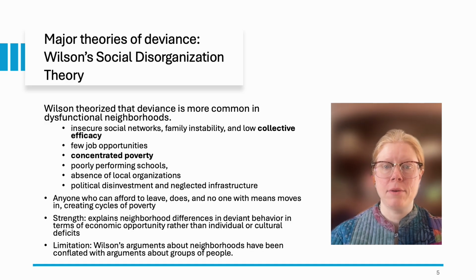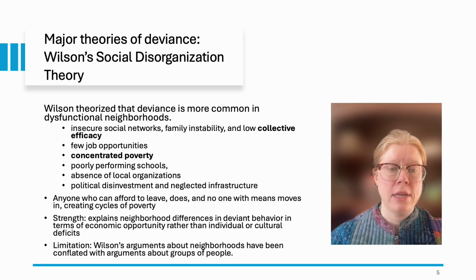And so he theorized that deviance is more common in dysfunctional neighborhoods. And he did research to demonstrate that these inner city neighborhoods were characterized by insecure social networks, family instability, and low collective efficacy.